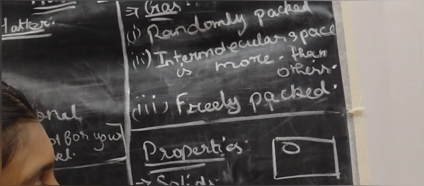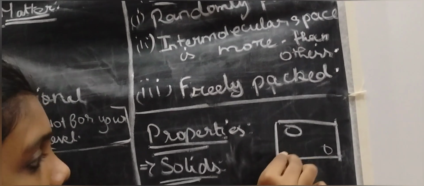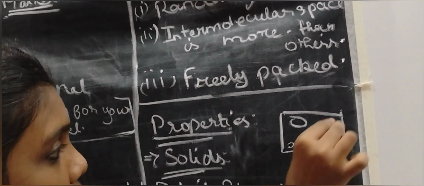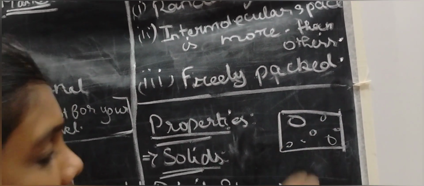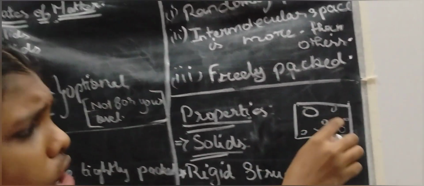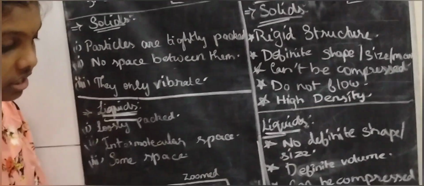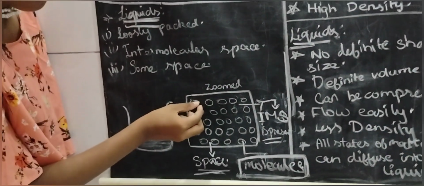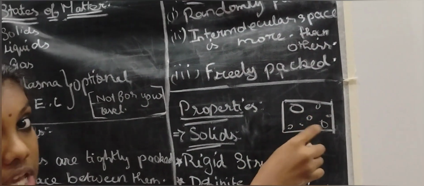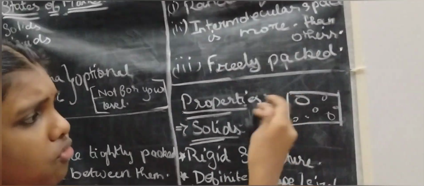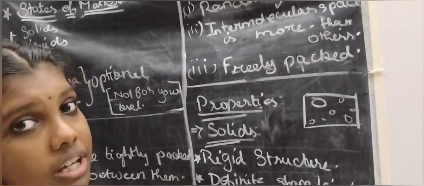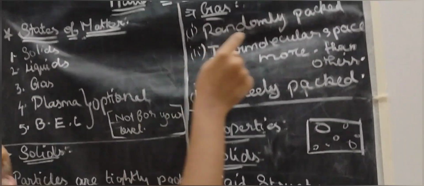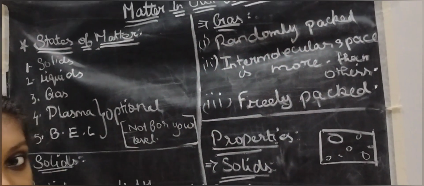Here is a molecule, here is a molecule, here is a molecule, like that. They have a lot of space compared to here. Here it has only a small space, but here they have a large space between them and they are freely packed. They are not ordered. So this is what randomly packed means.